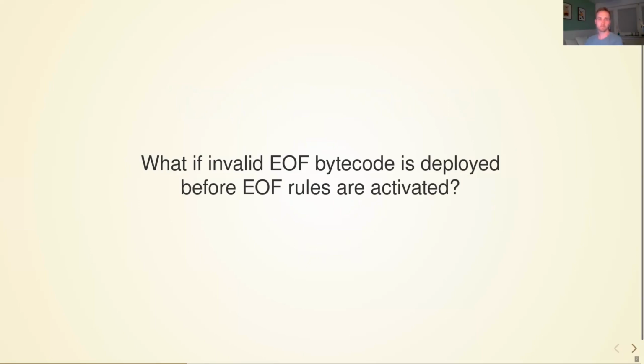We want to have this really strong promise that if you look at the blockchain, and the code starts with this EOF prefix, we have a very strong guarantee that it is actually valid EOF code.